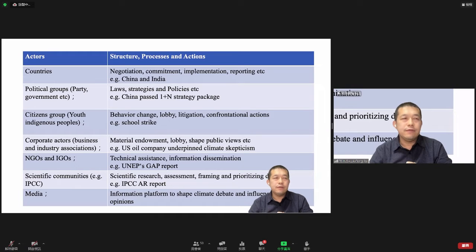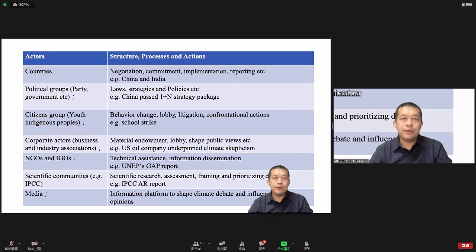And also the non-governmental organizations and international governmental organizations influence the information received by decision makers, citizens, and other actors through technical assistance and information dissemination. For example, we present the UNEP's GAP report. That is a report by UNEP as an IGO.